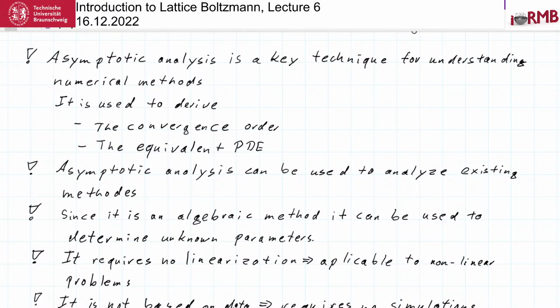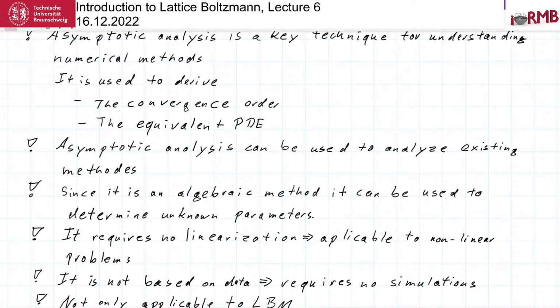I just want to mention that what we're learning today, the asymptotic analysis, is really a key concept in understanding numerical methods in general and the Lattice Boltzmann method in particular. This is used for deriving the partial differential equations for an existing numerical method, or for a method that is in development where we still have some unknown parameters.